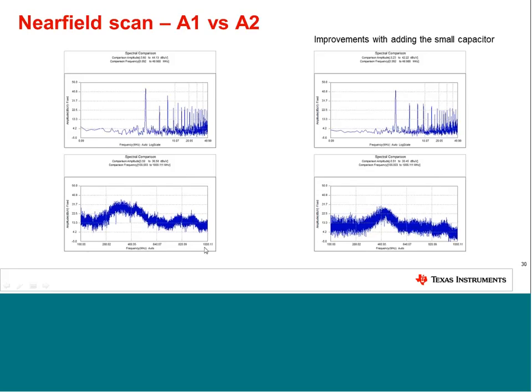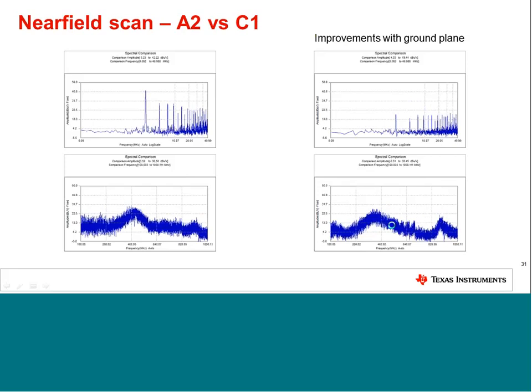Here is the higher frequency spectrum, going from 100 megahertz to 1 gigahertz, and you see the improvement with the capacitor in the near field. Comparing the A layout with the C layout, even without the capacitor, you again see a significant improvement at the switching frequency.